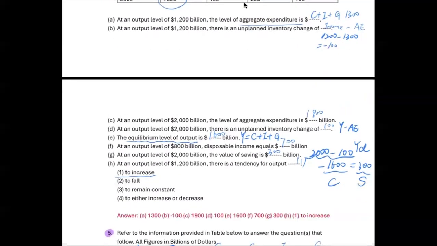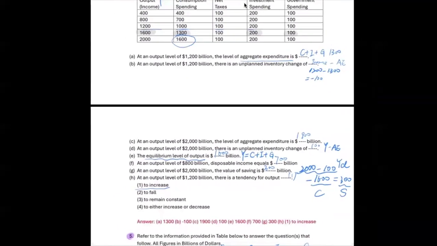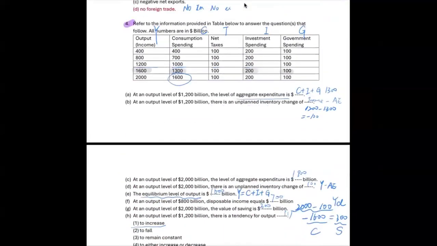For F, at an output level of 800 billion, disposable income equals to what? Okay, now we are going to use the equation 1, right? What's the disposable income? Just Y subtract T, right? So at this level, what's Y? 800.